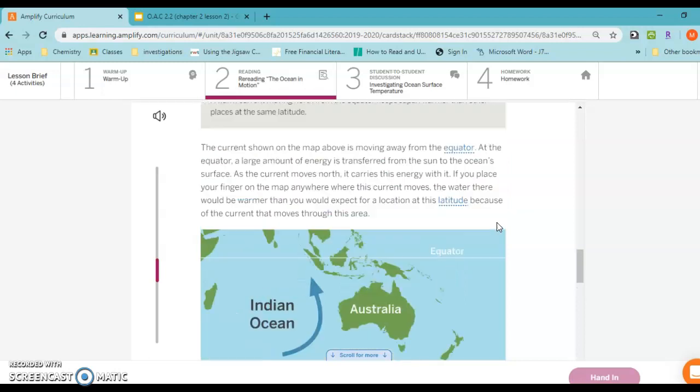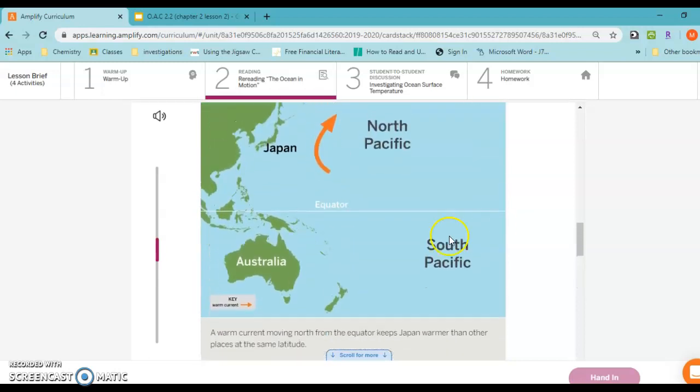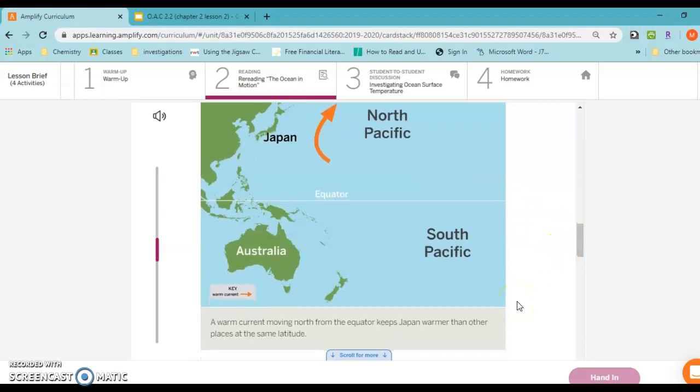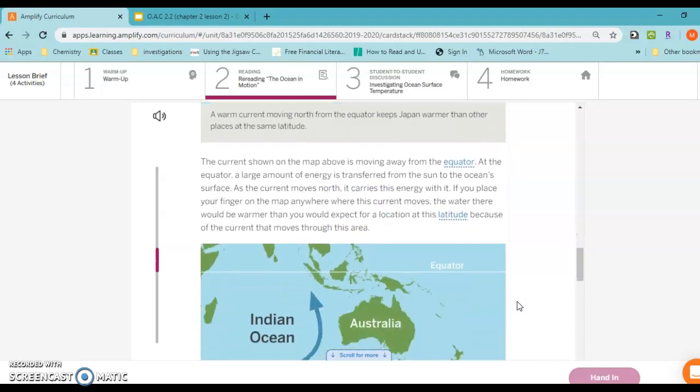So if we look at this image here, we see Japan, and Japan's going to be warmer because this current is pushing up water from the equator. We see in our key that it's a warm current, so it's pushing up water from the equator, so it's going to be warmer than we would expect other places with the same latitude.